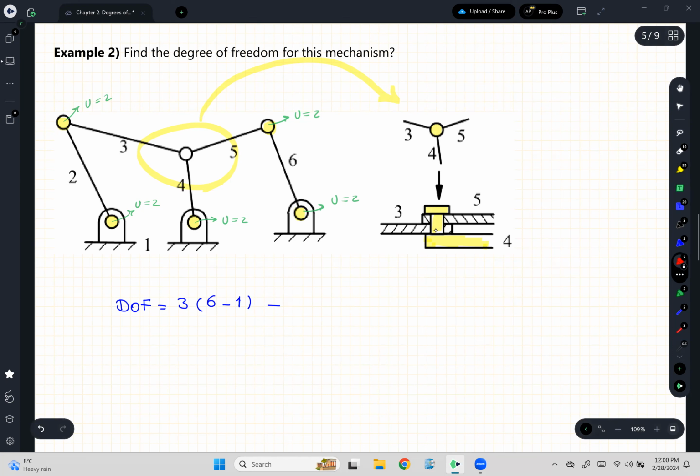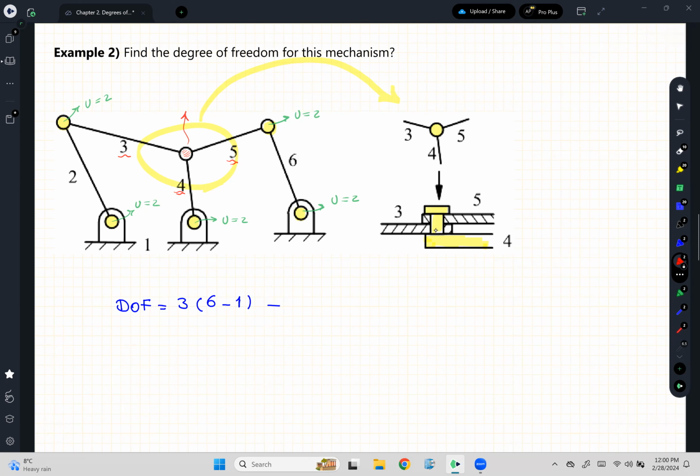Whenever you see a joint with three members, remember that between each pair of them, you have two constraints. Between 3 and 4, you have two constraints. Between 4 and 5, you have another two constraints. So in other words, let's not confuse ourselves.